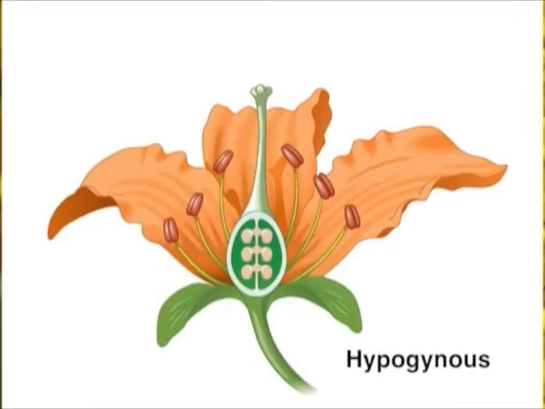On the basis of the position of the ovary, three types of flowers are recognized. They are hypogynous, perigynous, and epigynous flowers. In a hypogynous flower, the ovary is superior and the remaining floral organs, that is, sepals, petals, and stamens, arise from below the point of origin of carpel.